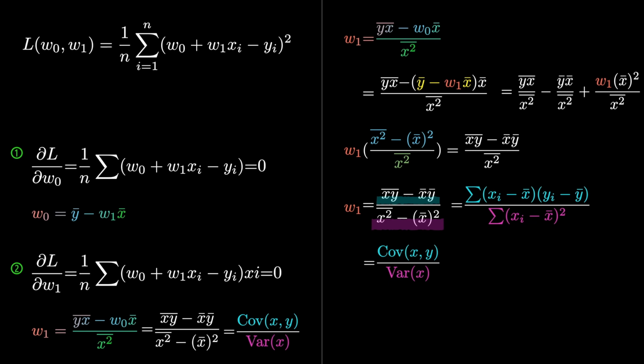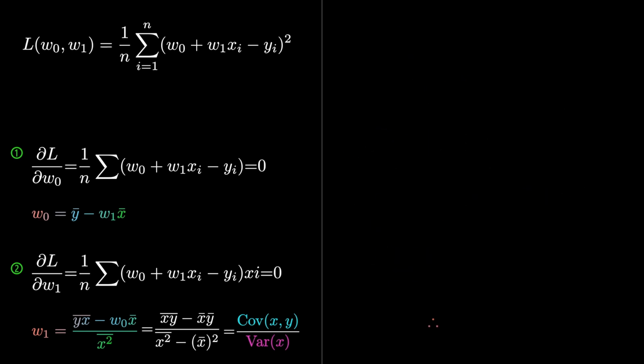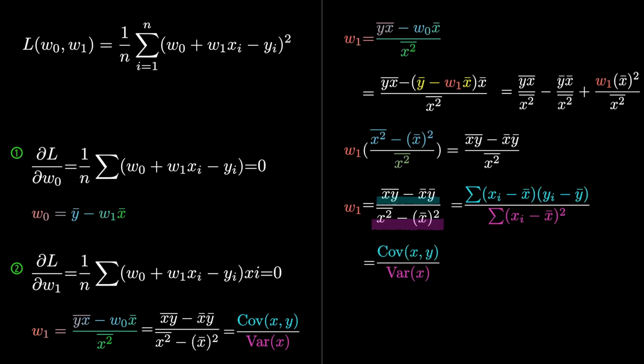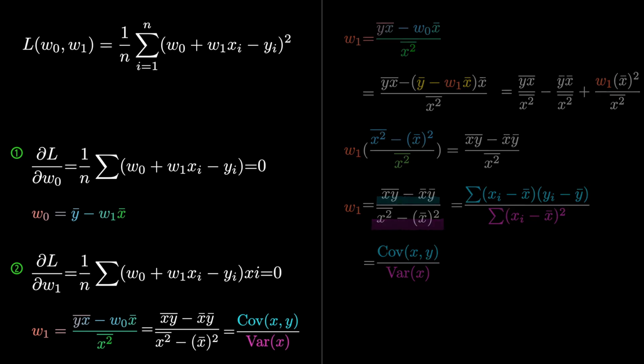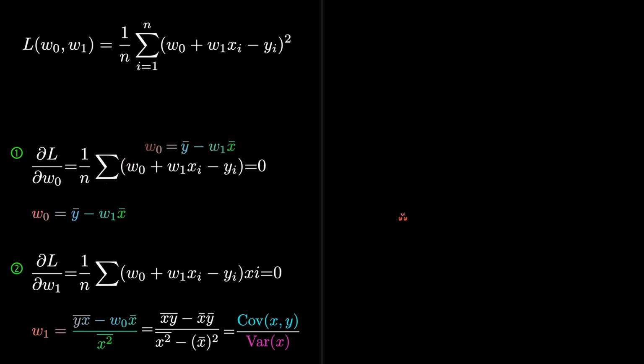If both x and y increase together, the numerator is positive, so W1 is positive. If x increases but y decreases, the numerator is negative, so W1 is negative. This captures the fundamental property of the slope. W1 is positive when x and y change in the same direction, and negative when they change in opposite directions.